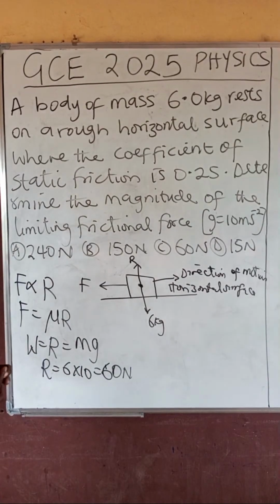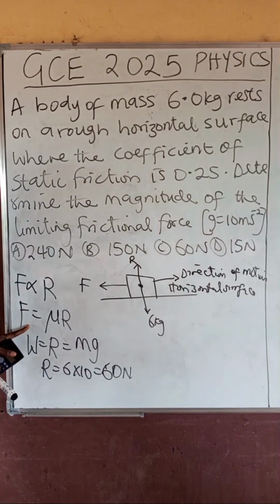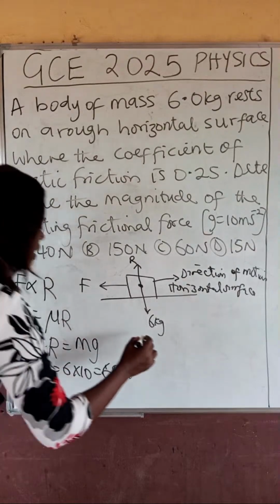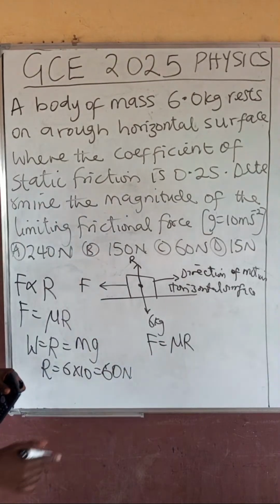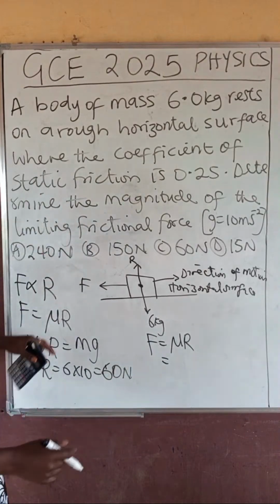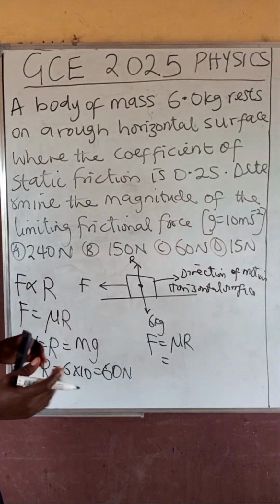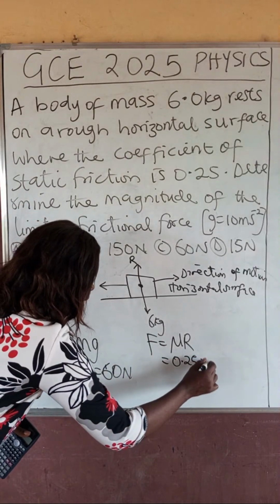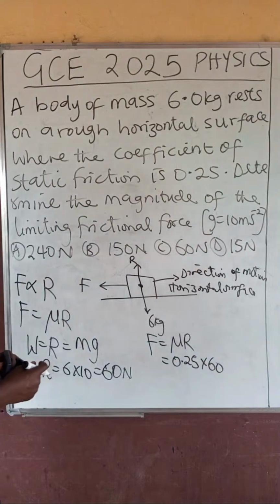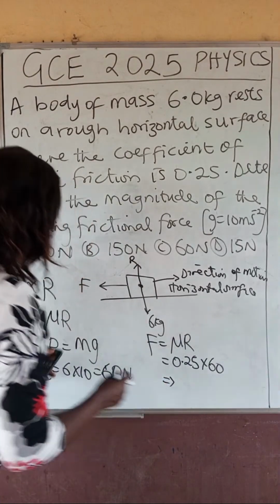Now, we are looking for this frictional force F. How do we solve this problem? Simply by saying F is equal to mu R. My mu is given as 0.25, the coefficient of limiting friction. So F equals 0.25 times 60.